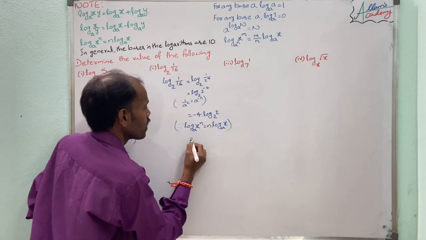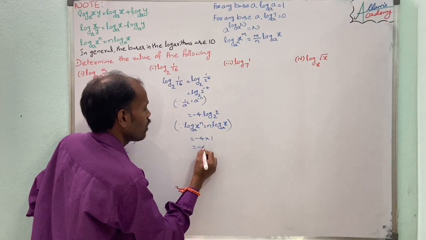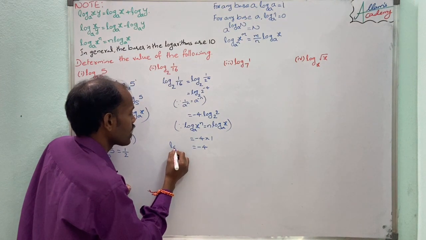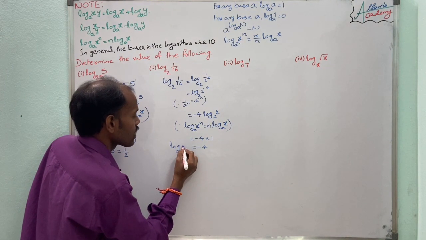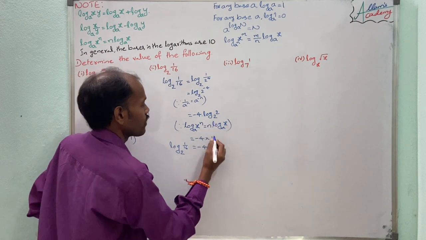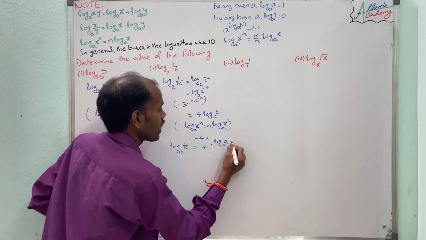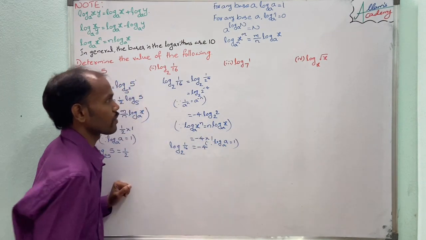Log 2 base 2 means 1. So 4 into 1 equals 4, which is the answer for log 1 by 16 base 2. And here we used the principle log a base a equals 1.